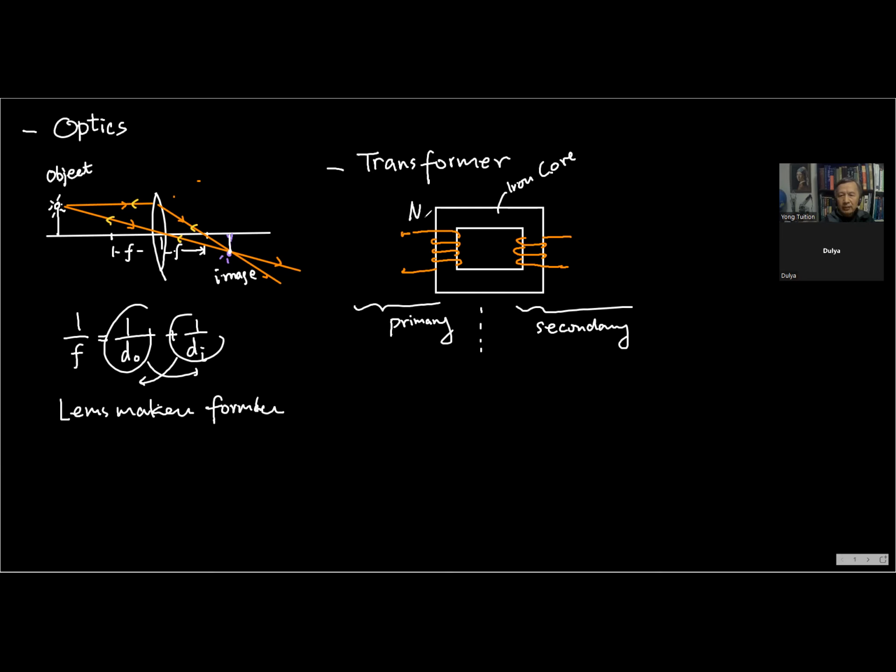Can you call it N sub p? And this is N sub s. So what is N? N is the number of turns in the coil.